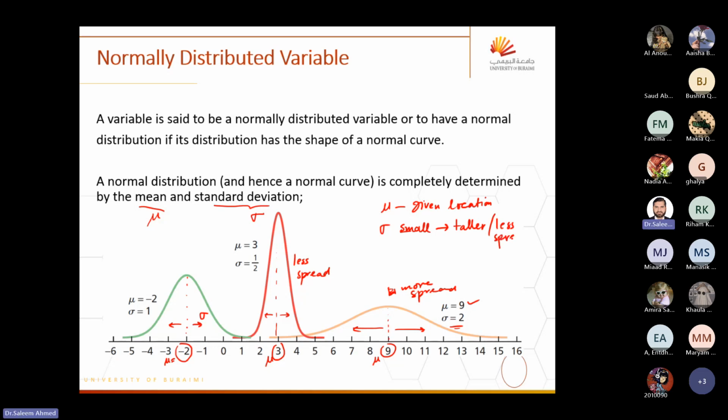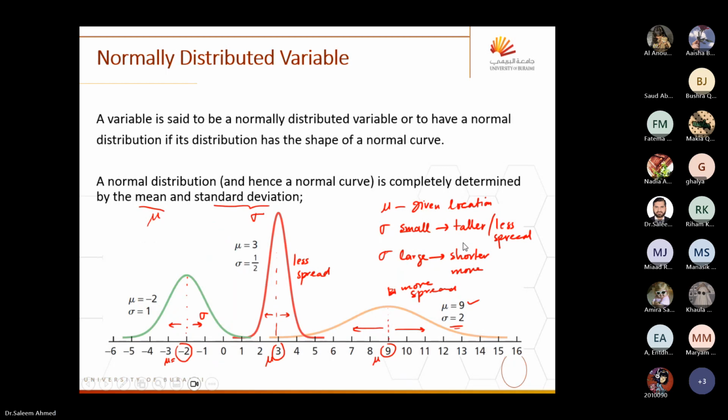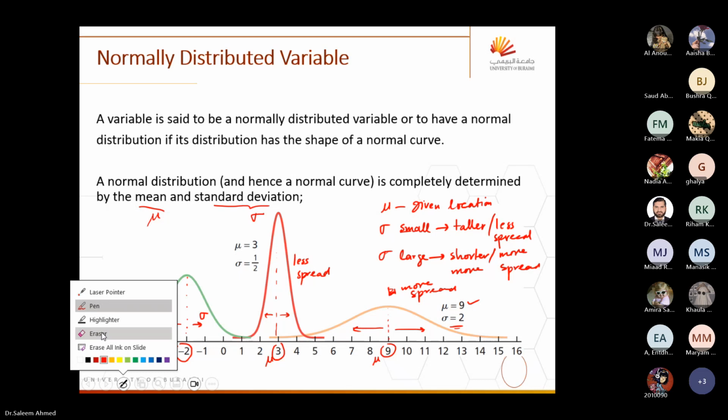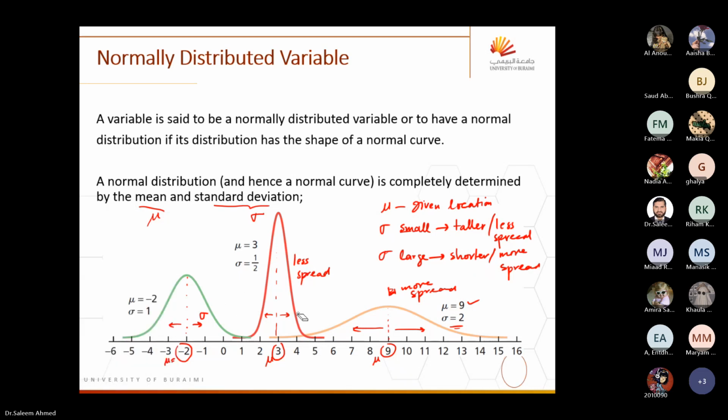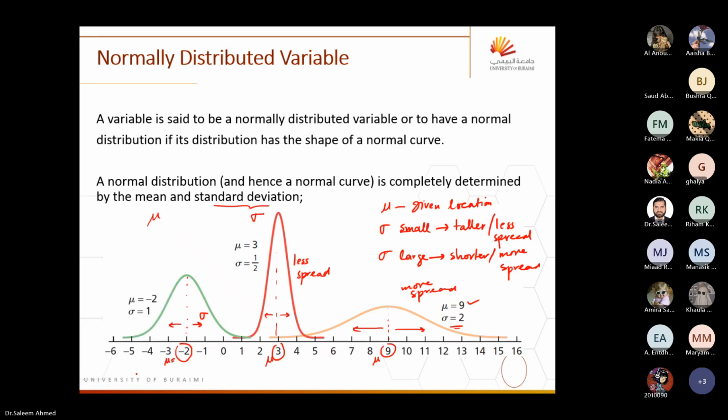If sigma is large, it will be shorter and more spread out.